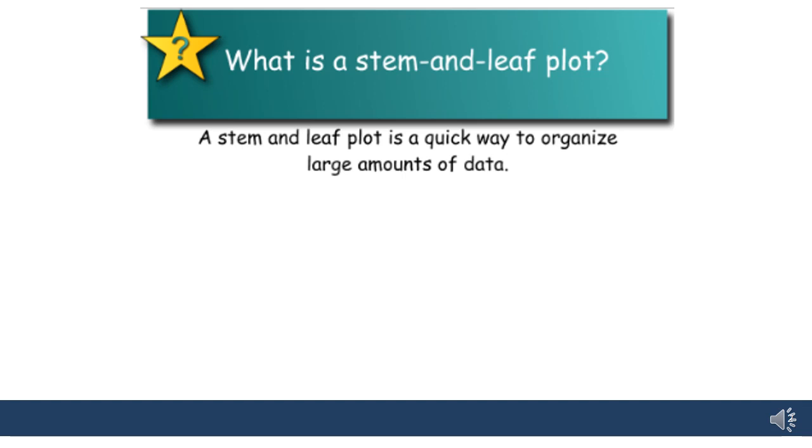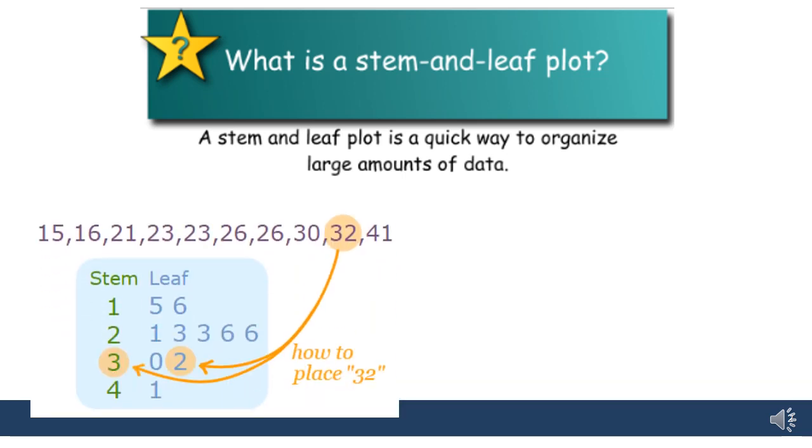You'll remember from previous years that a stem and leaf plot is a quick way to organize and visualize large amounts of data. So for example, if we have this list of values in our data set, we take the tens position as our stem, so those numbers that I've highlighted there, and the leaves are the numbers in the ones position.